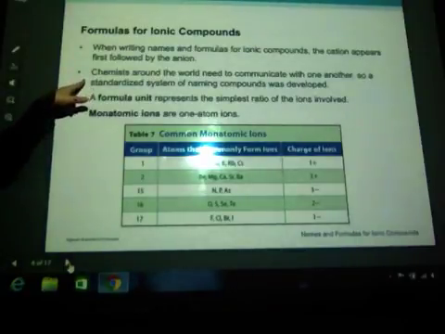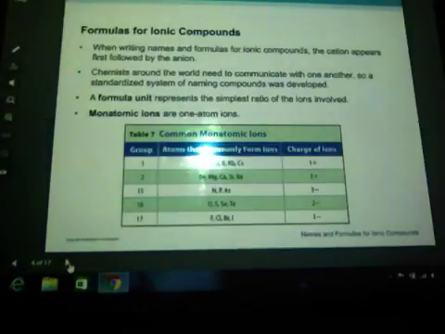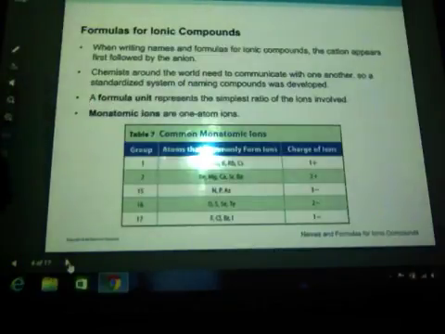Chemists around the world all have a standardized system for naming compounds, which is also why some of the symbols for our elements are in Latin, like potassium's symbol is a K, not a P. So part of it comes from the country that it originated from.